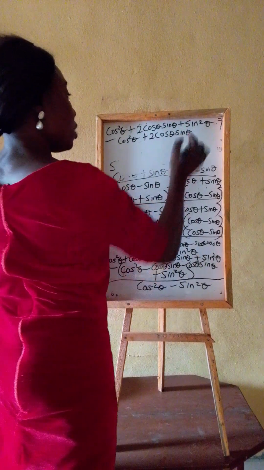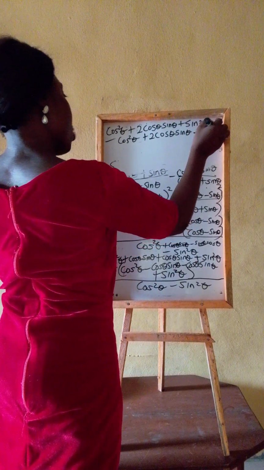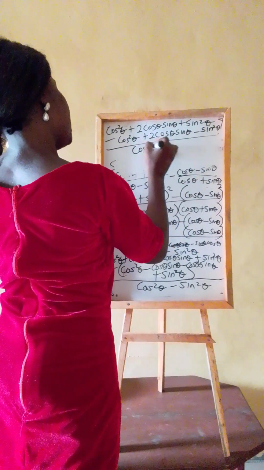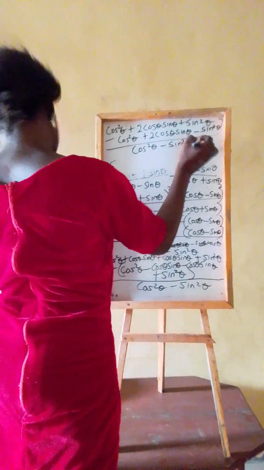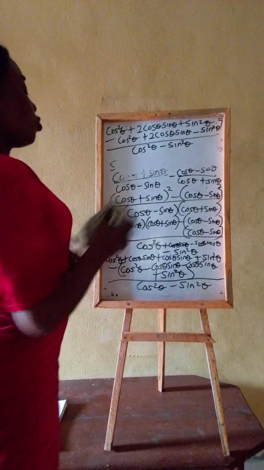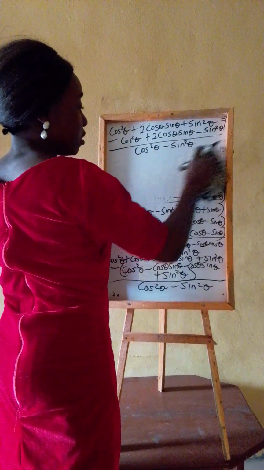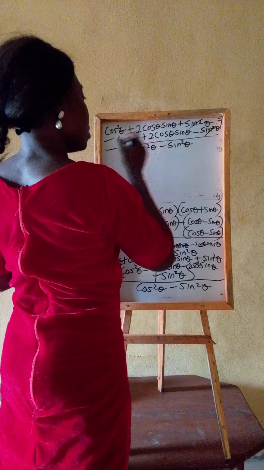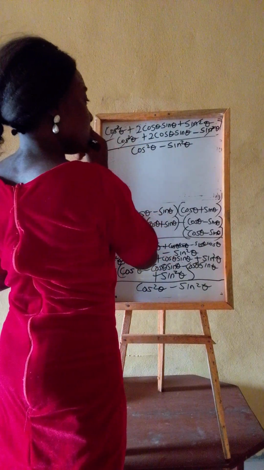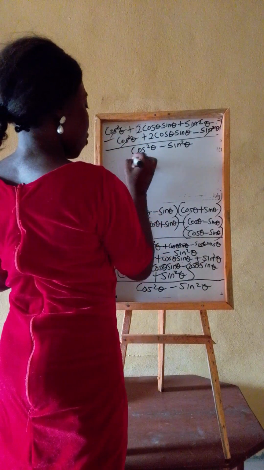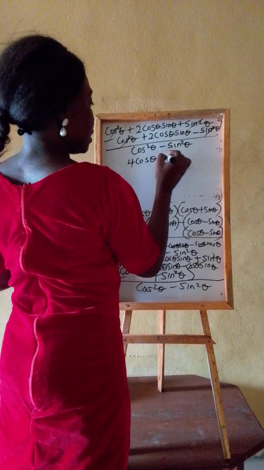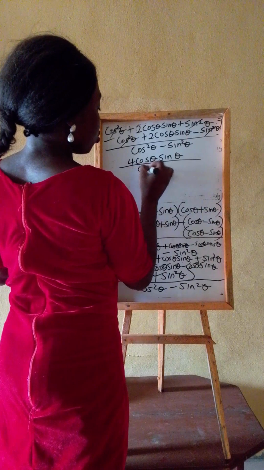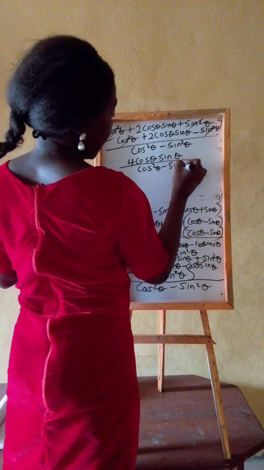Then minus times plus, we have minus sin square theta, over cos square theta minus sin square theta. So the next thing to do is this cancels this, this cancels this. So we have 4 cos theta sin theta over cos square theta minus sin square theta.